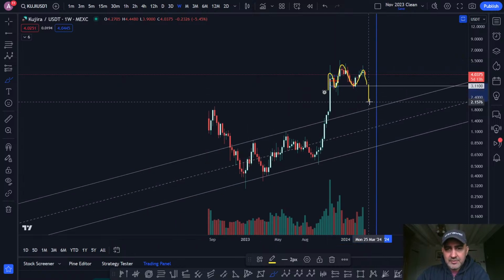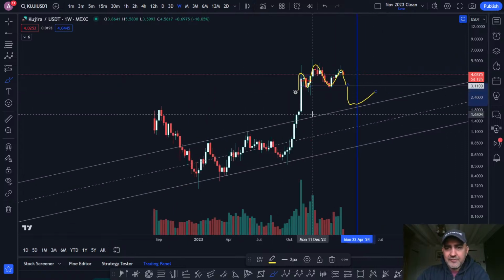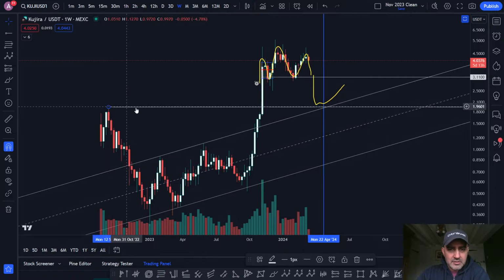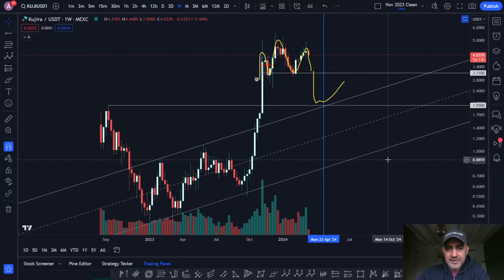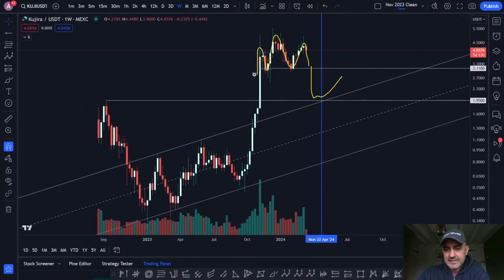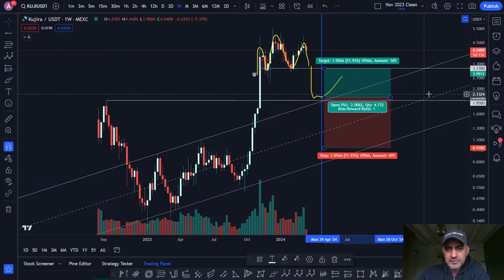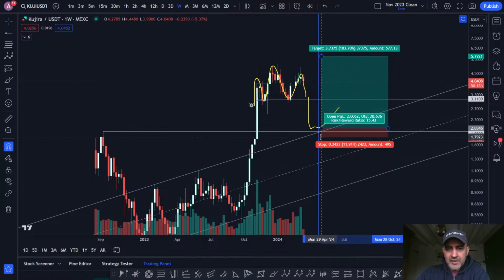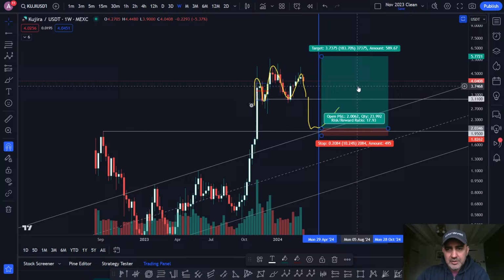Could it go down? I'd love for it to go down, and then you've got this previous high, which should offer support if it comes into the back channel. There's a trade on the table there. If it completes this inverse head and shoulders and goes down, then if it finds support somewhere here, that's your long.